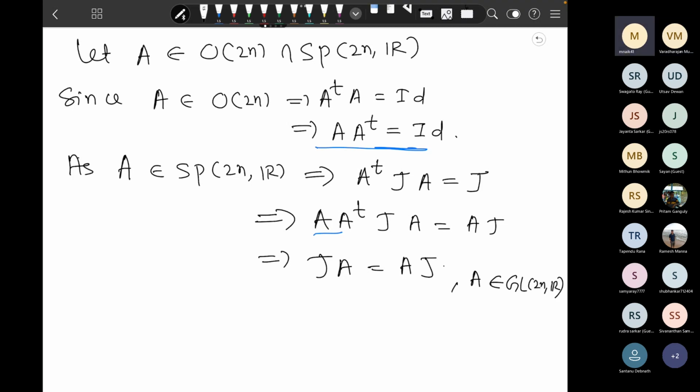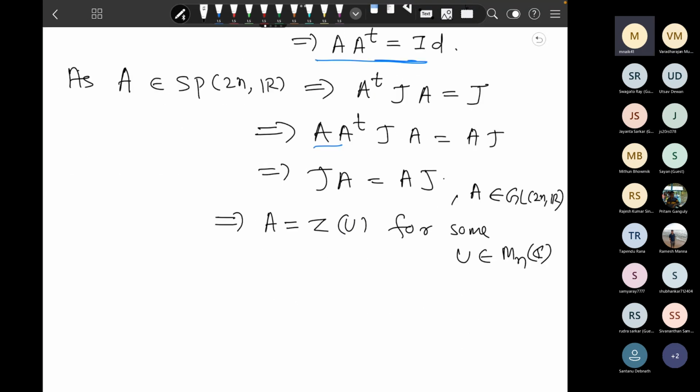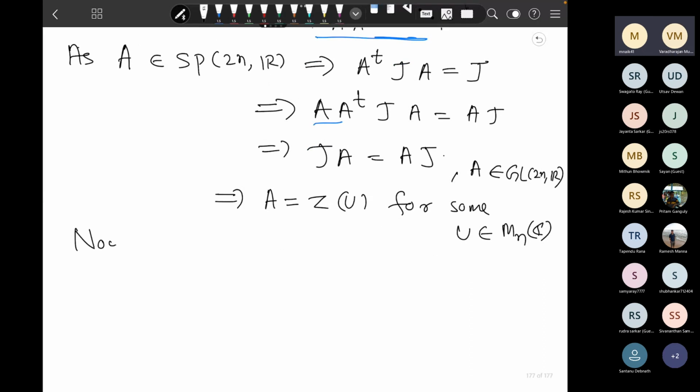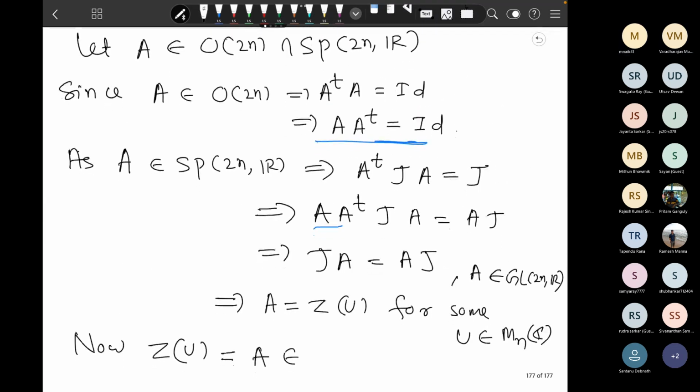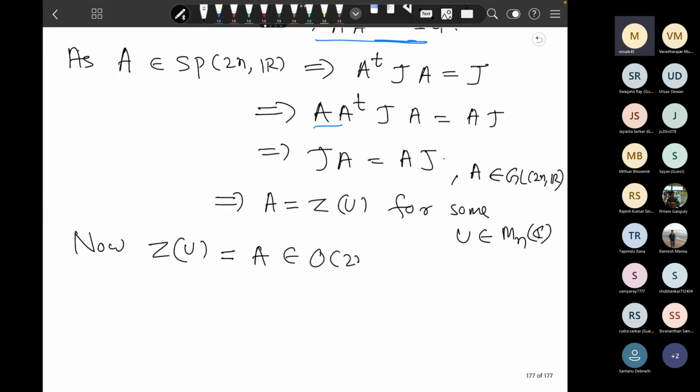This condition says that A is equal to Z_U for some U belonging to M_n(C). Now Z_U is equal to A, which belongs to O_2n intersection Sp_2n(R).